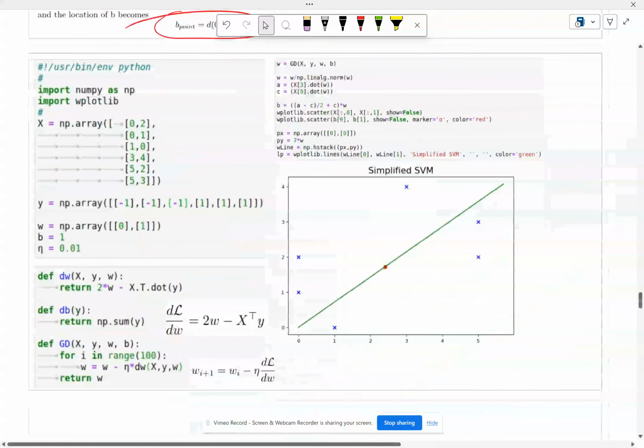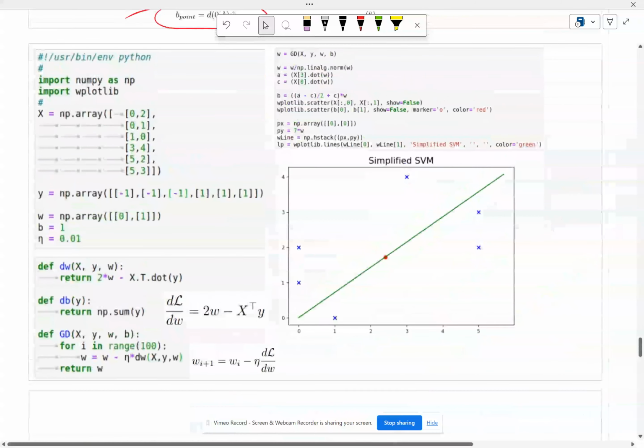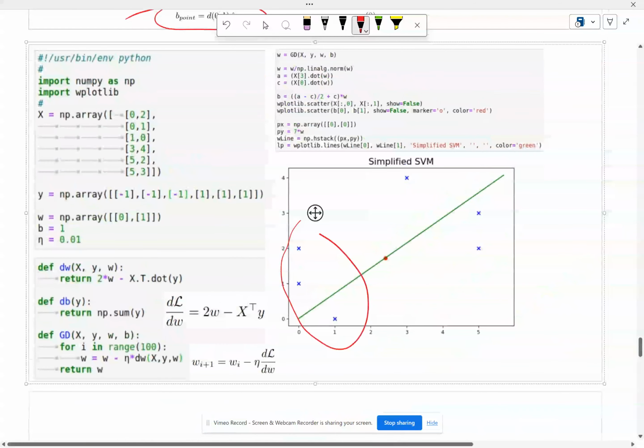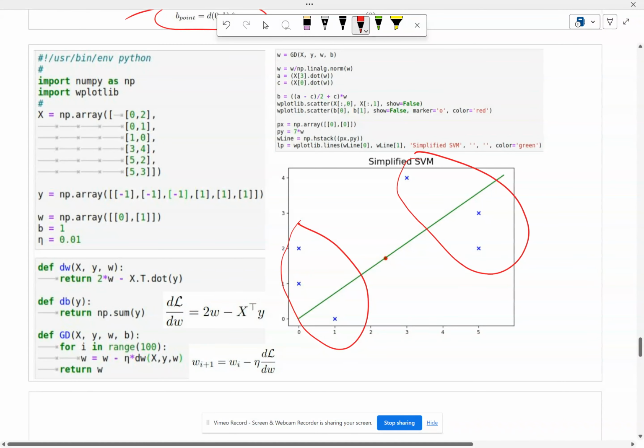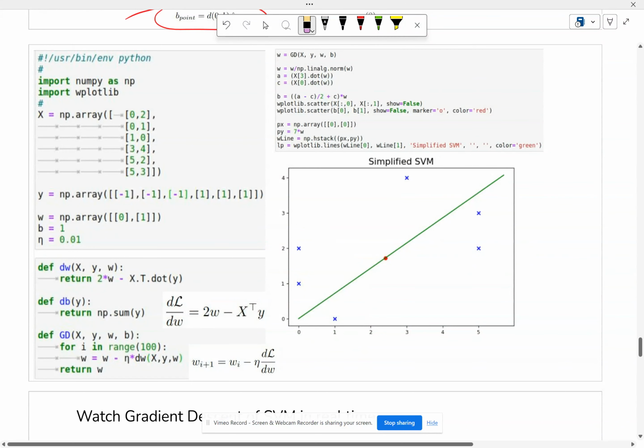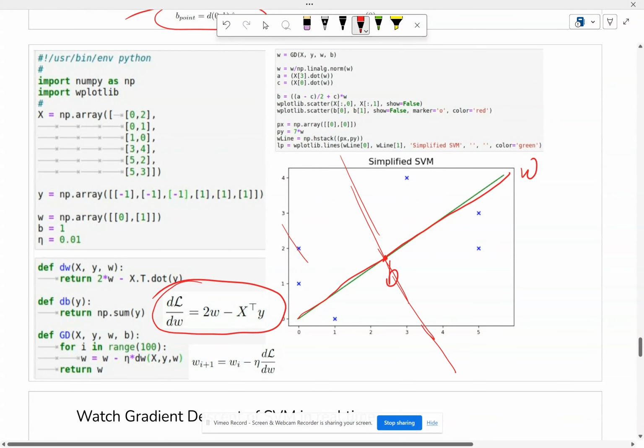Now, I wrote the code for you guys. These are the points. I have 6 points here. What I did is I ran gradient descent. And in the final result, you can see it's able to pick W, and it's able to pick the point B, which is essentially the center. You have two margins. So this is margin one, margin two.